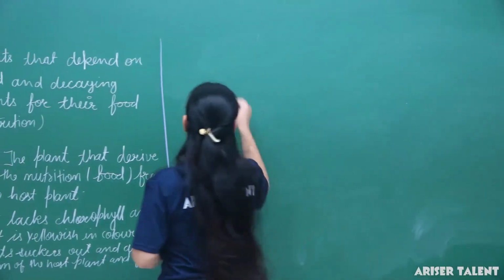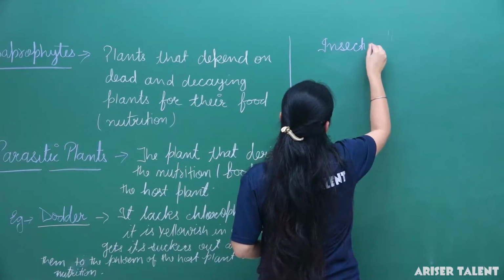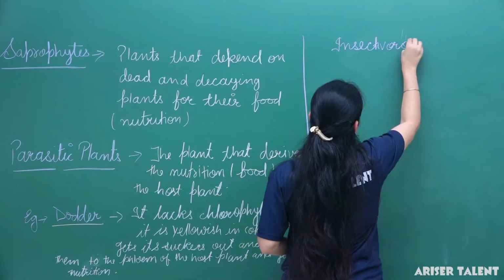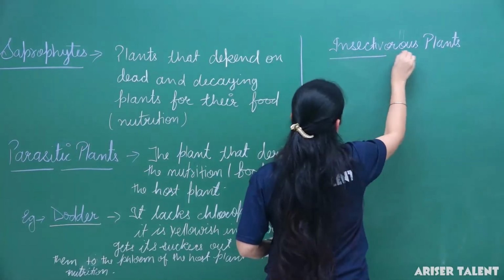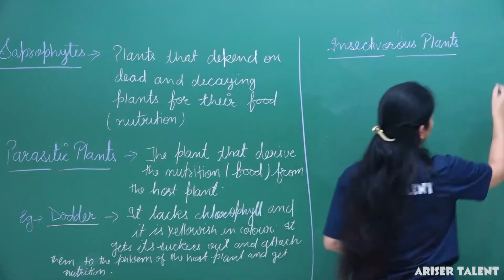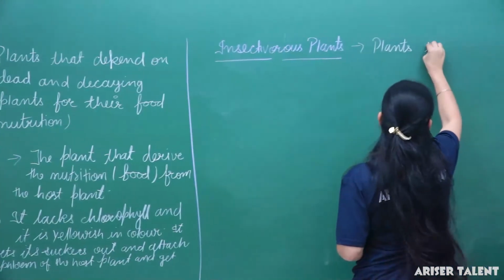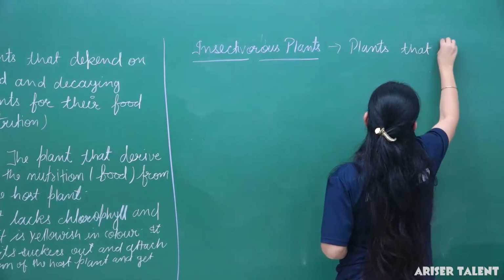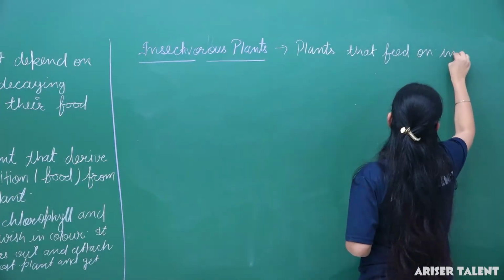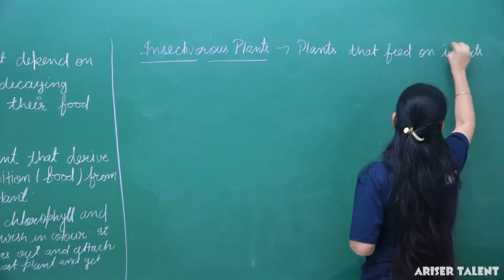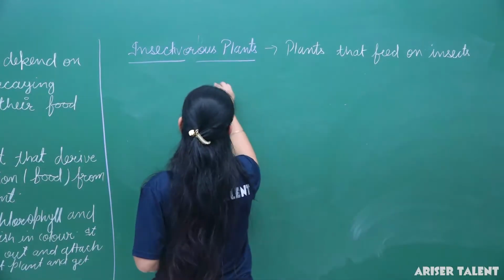So next is insectivorous plants. Plants that feed on insects are known as insectivorous plants.